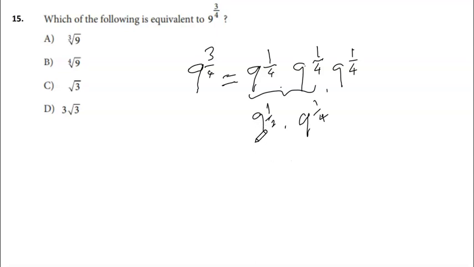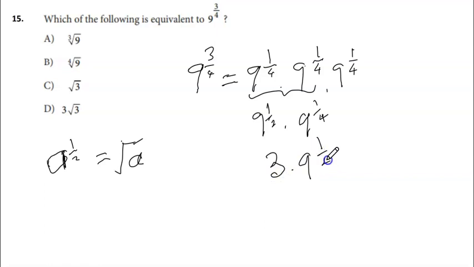If you raise a number to the power half, it's equivalent to finding the square root, right? So what I'm saying is a to the power half is the same as square root of a, right? So here I have 3 multiplied by 9 raised to the power 1/4.